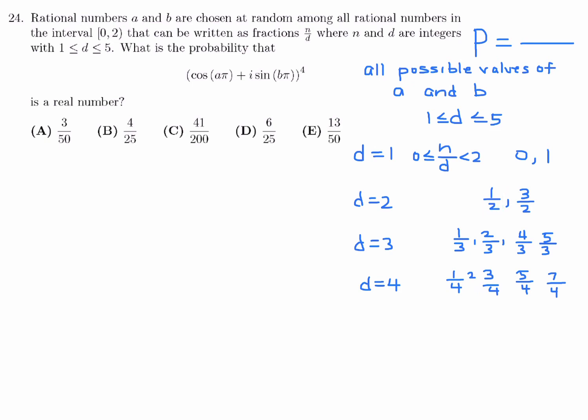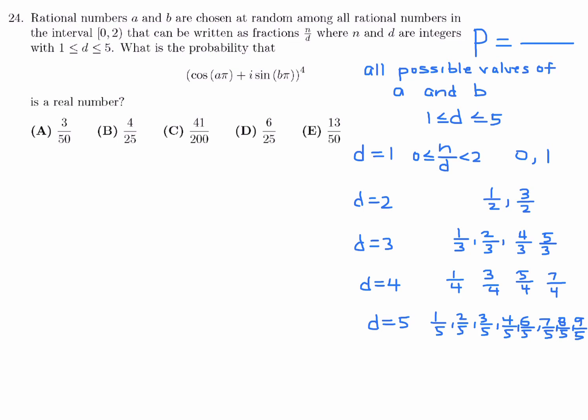So it's the same number. And then when d equals 5, we have 1 over 5, 2 over 5, 3 over 5, 4 over 5. We skip over the 5 over 5 because that's just 1. 6 over 5, 7 over 5, 8 over 5, and finally 9 over 5.